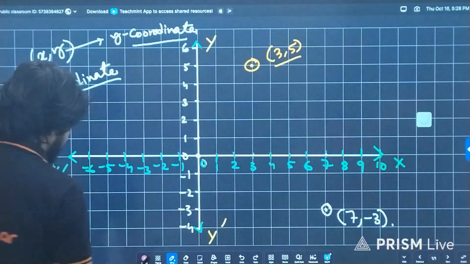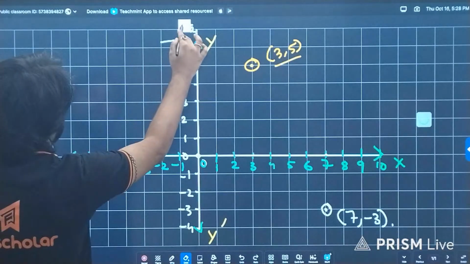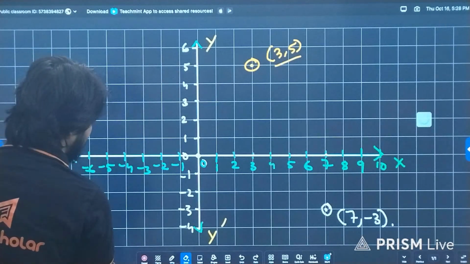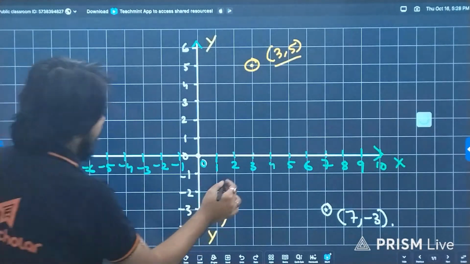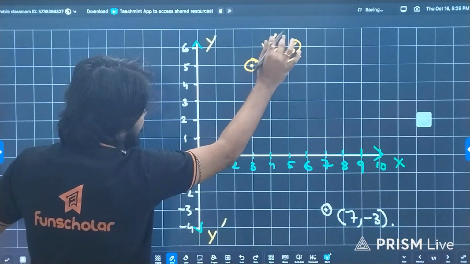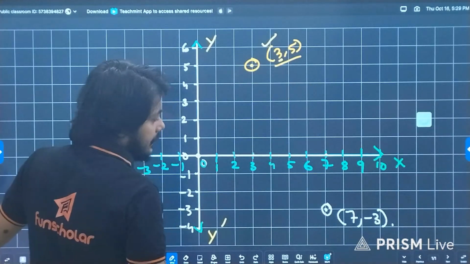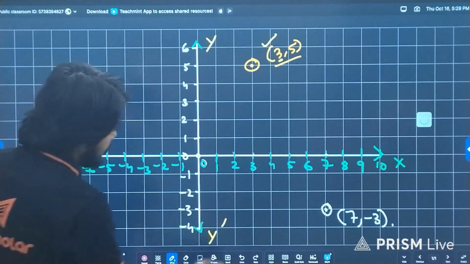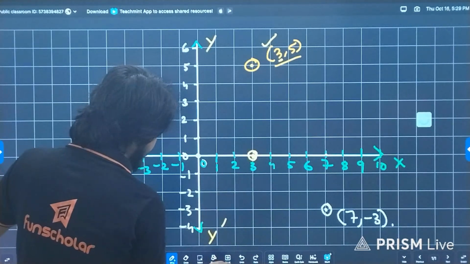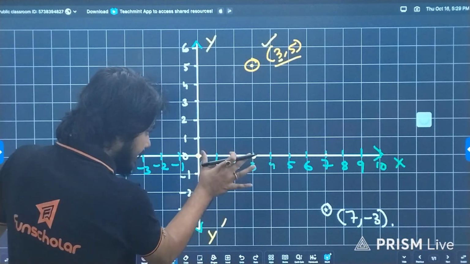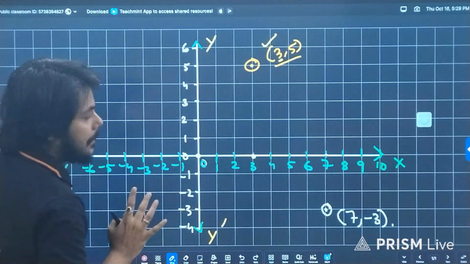See carefully, okay? In this ordered pair, this is the x coordinate. The x coordinate is the distance from the y axis.